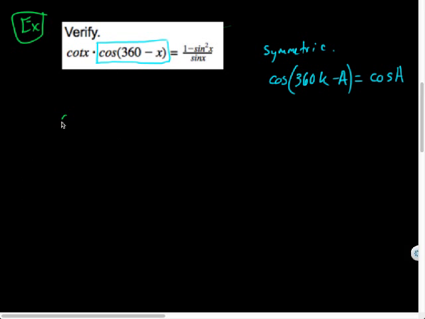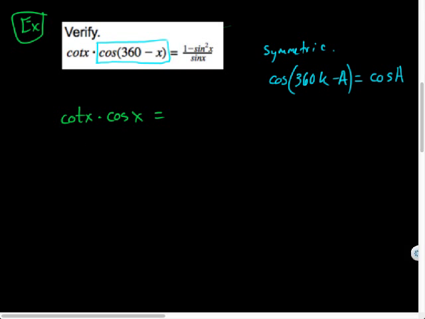So this should just be a straight replace. I'll have cotan x times cosine x equals, maybe we'll leave the right-hand side alone for now. What else should I do on this left-hand side, you think? I'm thinking it might be valuable to write this all in terms of sine and cosine, because the right-hand side's all sine, and the left-hand side's already half cosine.